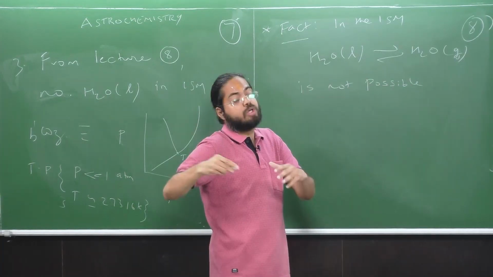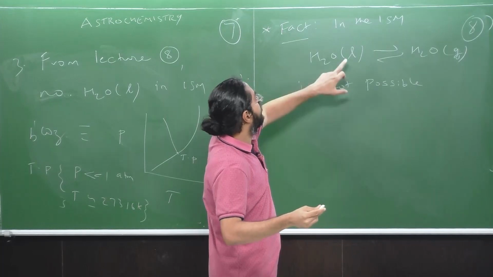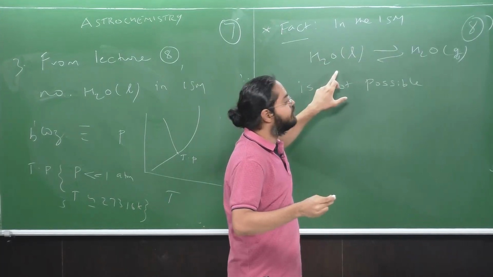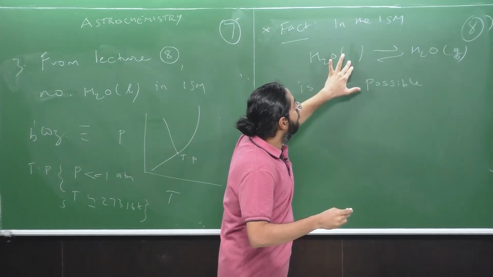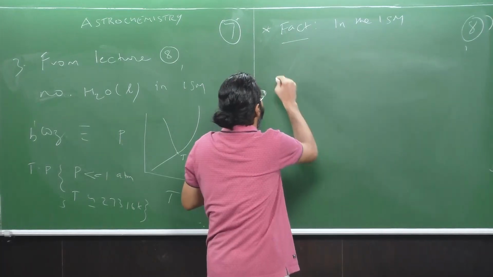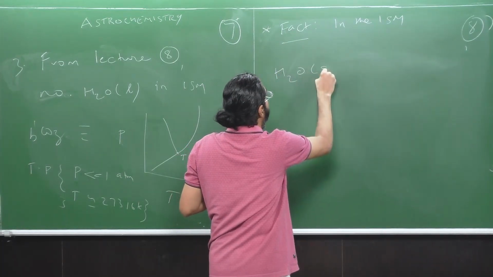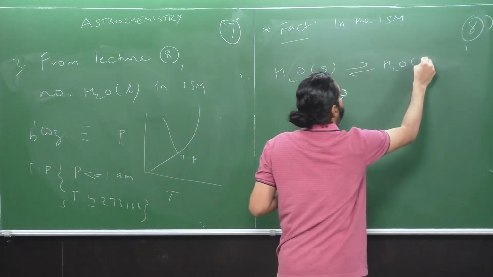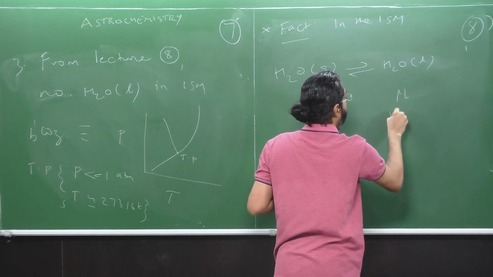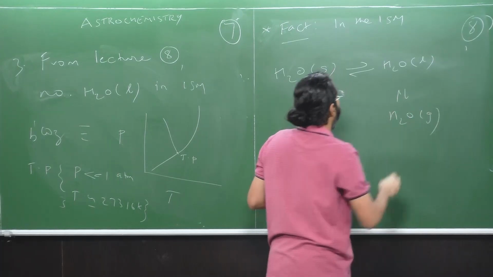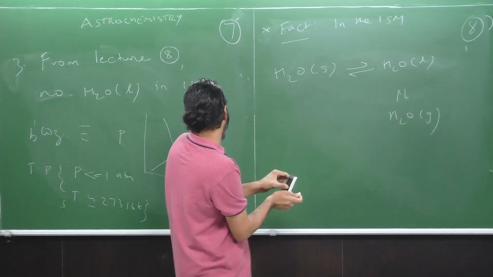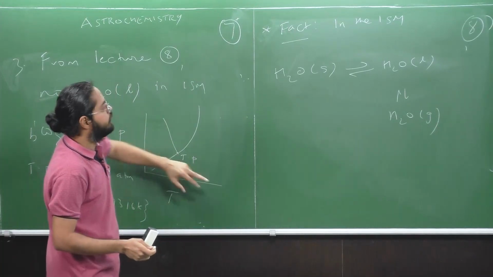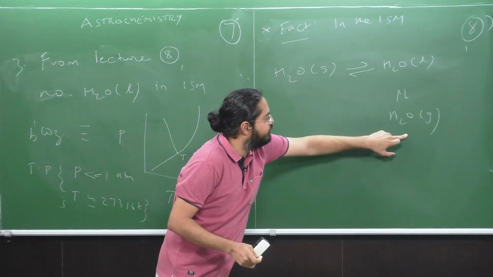Not just this equilibrium, we don't have the liquid to gas because the liquid doesn't exist. H2O liquid to H2O gas is not possible. You can have, under some conditions, the solid and gaseous state in equilibrium, but never the liquid.